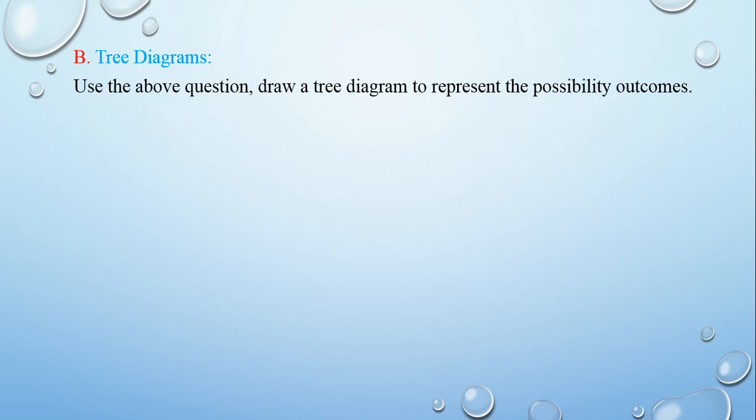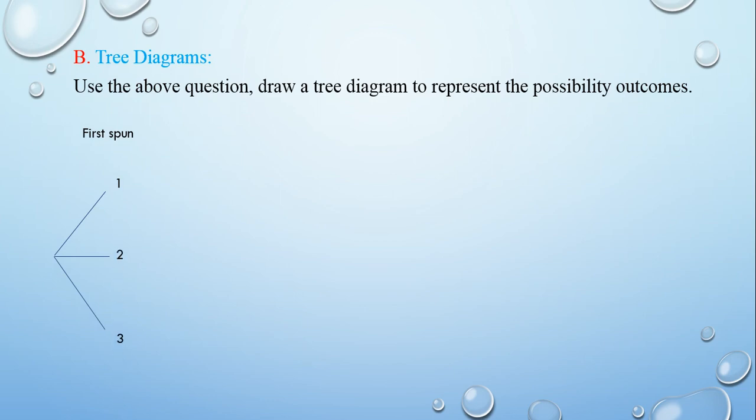So in the possibility diagram, in the beginning we had a table. Right now we need to do it using a tree diagram. So how to construct it? We have 2 spins. The first spin has three possible answers: number 1, number 2, and number 3.